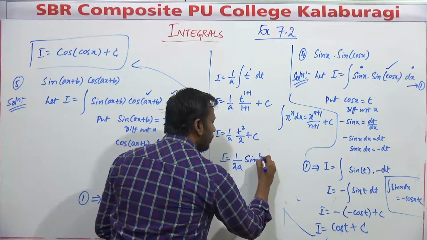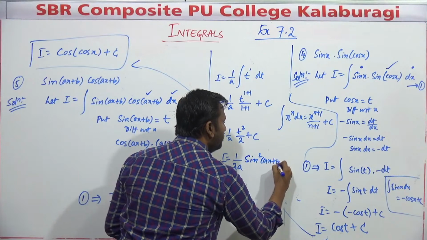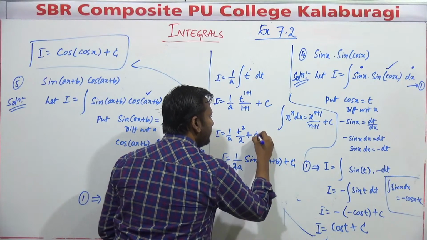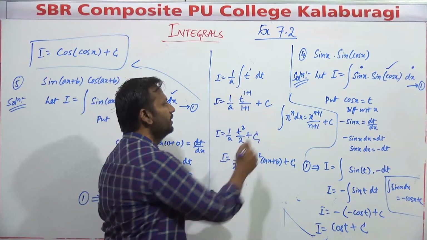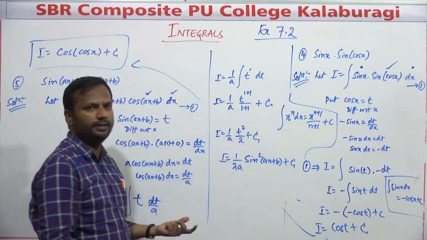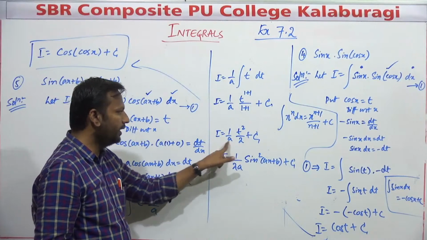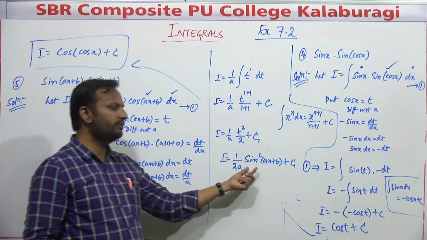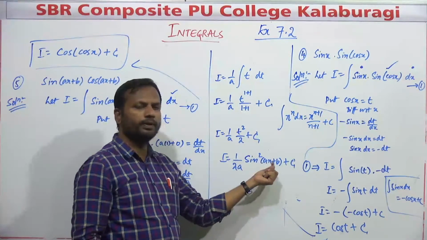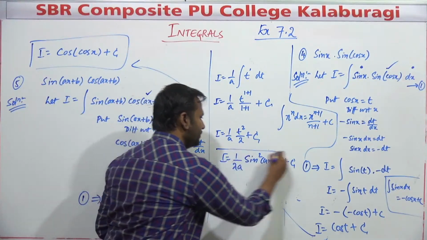Sin square of ax plus b plus c, where c is the integration constant. After the process of integration, we have to express the integral constant as plus c. So 1 by 2a, and t I have replaced as sin of ax plus b. It's squared, that's why it becomes sin square. So this is the answer.